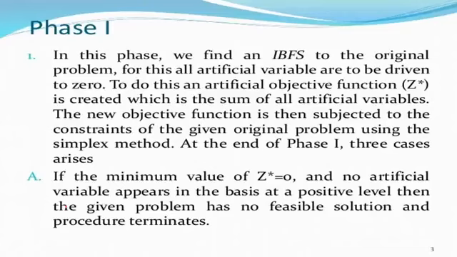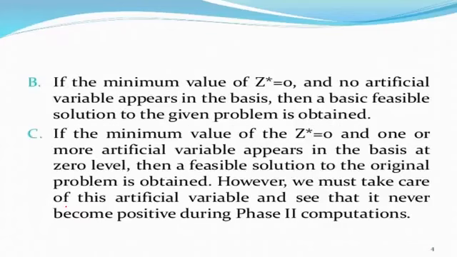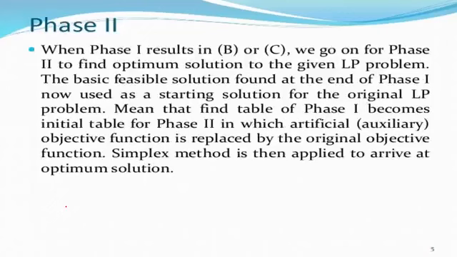Similarly, in the second step, if the minimum value of Z star is not 0, or an artificial variable appears in the basis at a positive level, then the given problem has no feasible solution and the procedure terminates. So the different conditions of the feasible solution are also given.